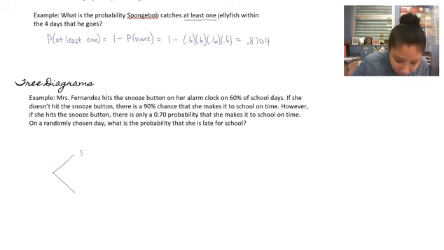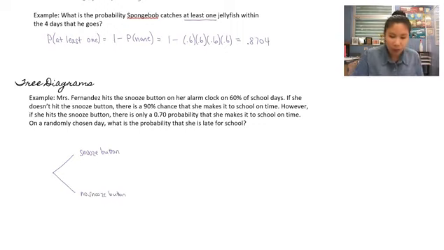So I hit the snooze button or I don't. And then because I also want to use this to help me find probabilities, I also want to list out the probabilities for each thing happening.